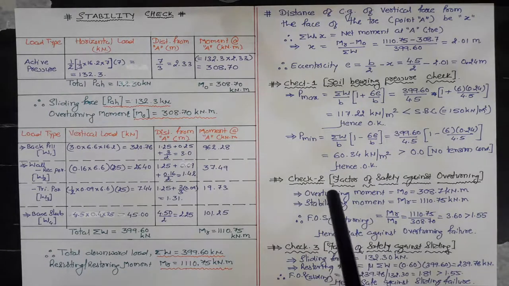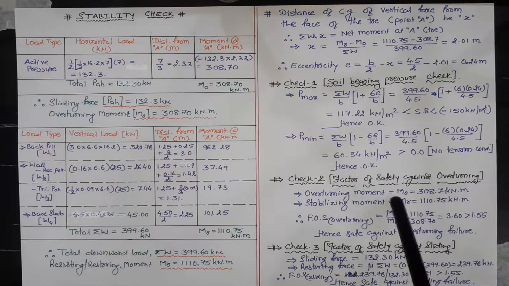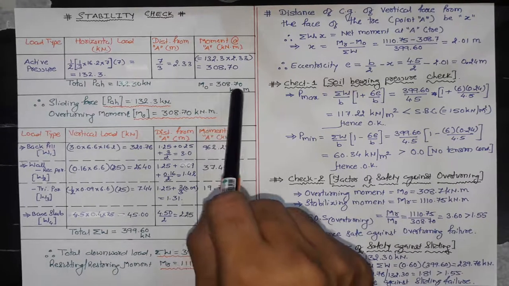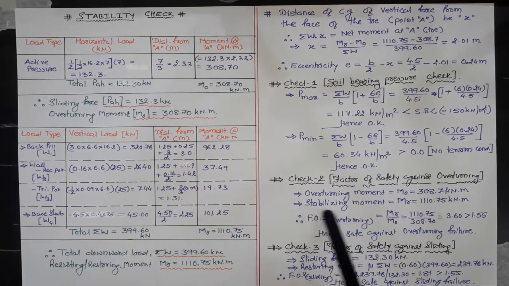This is our check number 2. It's the factor of safety against overturning. Our overturning moment MO is 308.70 kilonewton meter. Our stabilizing moment MR is 1110.75 kilonewton meter. Factor of safety against overturning is MR upon MO, which comes out to be 3.60, which is greater than 1.55.